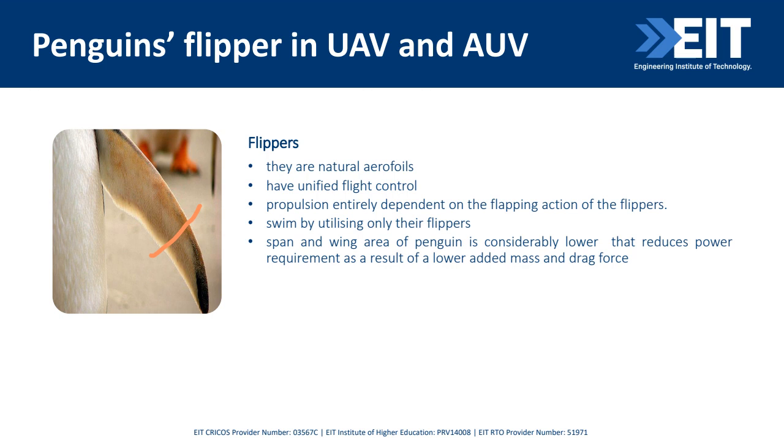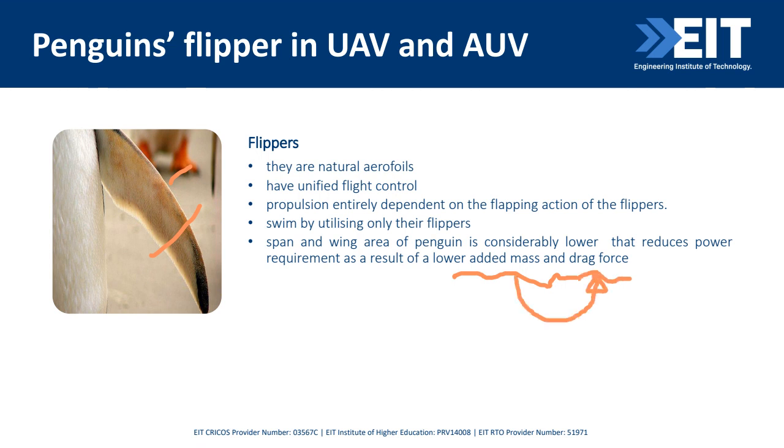One more basic characteristic is that their span and wing area are considerably lower compared to their whole body. That reduces the added mass effect, and simultaneously reduces the drag force. The added mass effect and drag force are interconnected with one another.